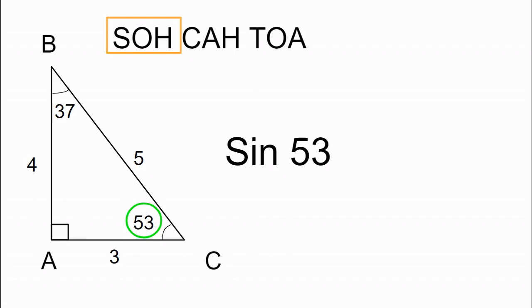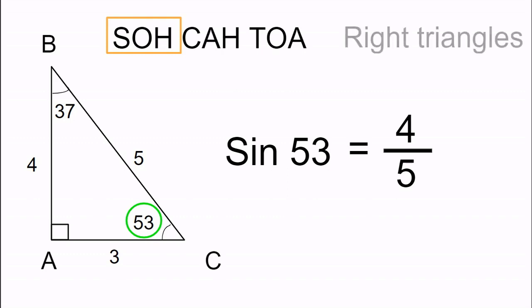So sine 53 is going to equal the opposite, so the opposite side length is AB, which is 4, divided by the hypotenuse. So the hypotenuse is 5. So sine 53 equals 4 divided by 5. And this only works for right triangles. So make sure that when you're doing SOHCAHTOA, you're doing it for right triangles only.